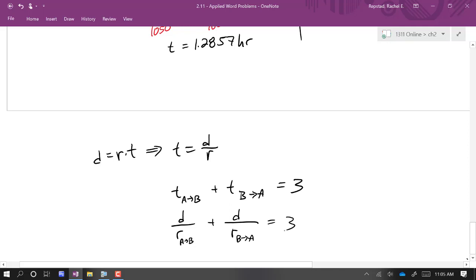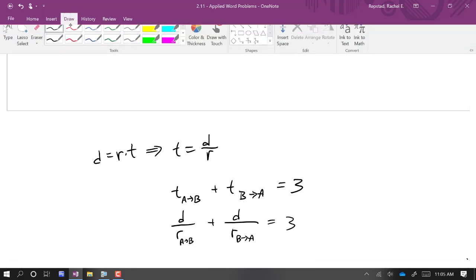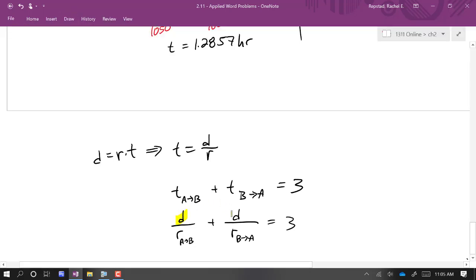The advantage to setting it up this way is that the variable we have is the variable that we want to solve for, so we wouldn't need the extra step at the end. But you could try solving it this way. We know these rates, so we could plug those values in, and then you could solve that equation, and you'll find that you get the same distance.